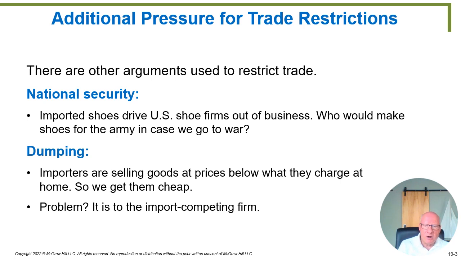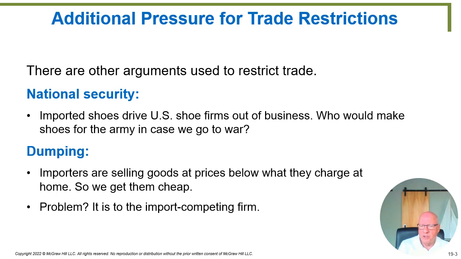The next argument on our slide is something called dumping. And that should probably be put in quote marks. I mean, it's a slang term that became technical over time. And what this refers to is a foreign country selling goods to the United States. So that would be our imports, the foreign country's exports to the U.S. are being sold at prices below what they charge in their home market.